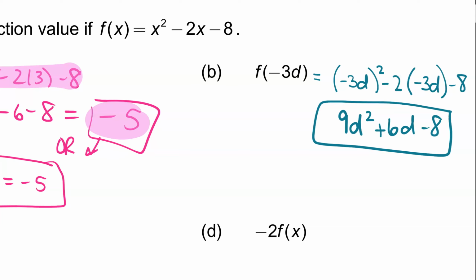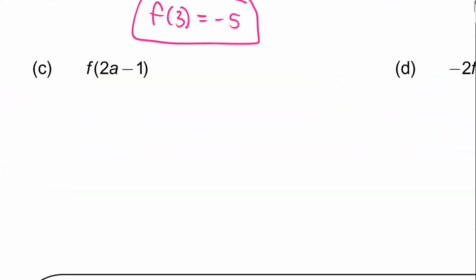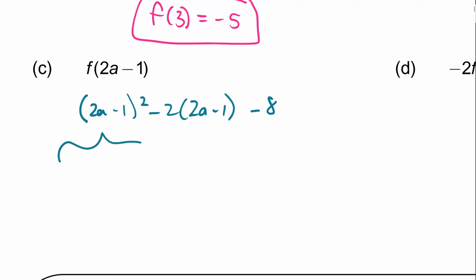Okay, so let's do it. Notice I have 2a minus 1. It's a binomial I'm plugging in for x. So this is going to be 2a minus 1 squared minus 2 times 2a minus 1 minus 8. So the first one, I need to FOIL this out.